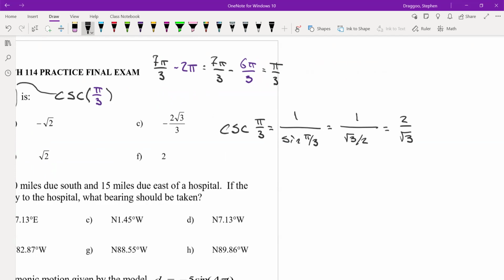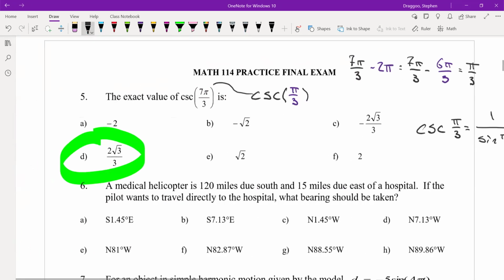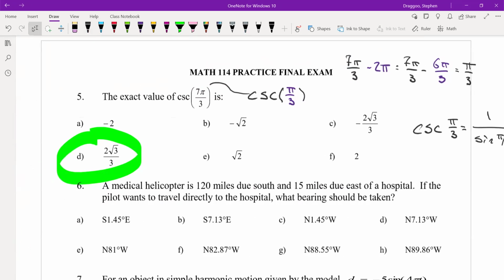Because this is a multiple choice exam, you've got to rationalize that value, because I'll be rationalizing when I give you the multiple choice bank. So multiply top and bottom by the square root of 3, and I get 2 root 3 over 3. But again, we started with that value from the beginning: 2 root 3 over 3.